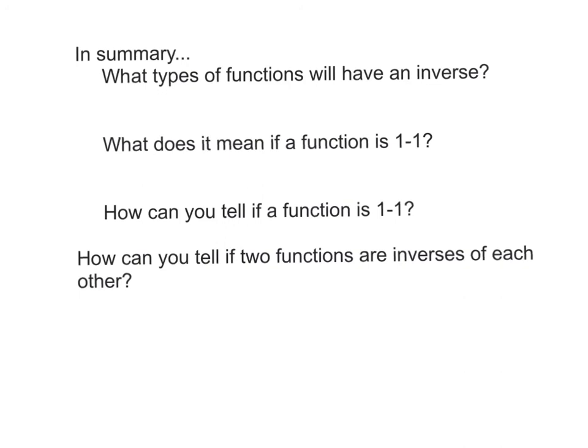How can you tell if two functions are inverses of each other? As I showed you, there was an algebra approach where you do f composed with g of x and g composed with f of x to see if you get x both ways. I am going to show you on one more slide how to tell if two things are inverses of each other via your calculator. So hold on for one more slide.